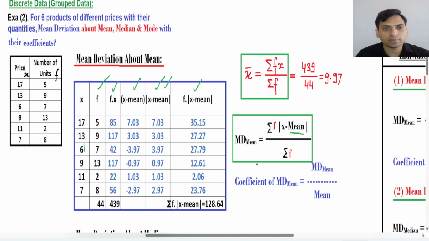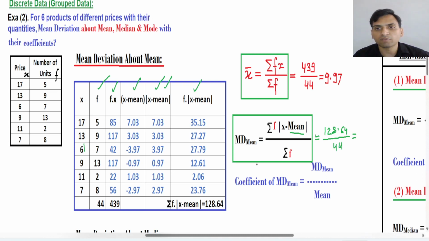Modulus means all negative values are converted into positive and positive remains positive. Then we multiply this column with f, and you get f into modulus of x minus mean, and then we need the summation. The summation of this is 128.64, and summation f is 44.